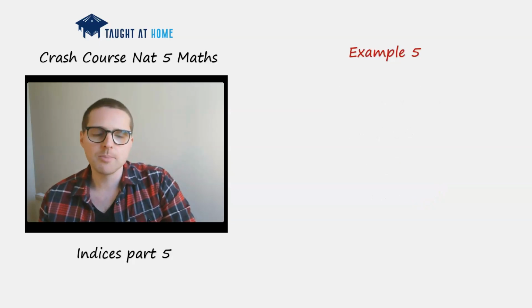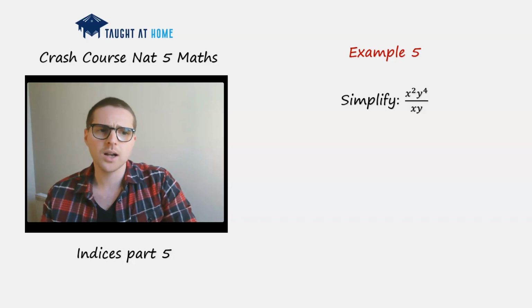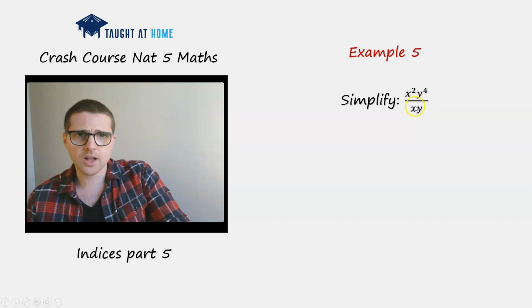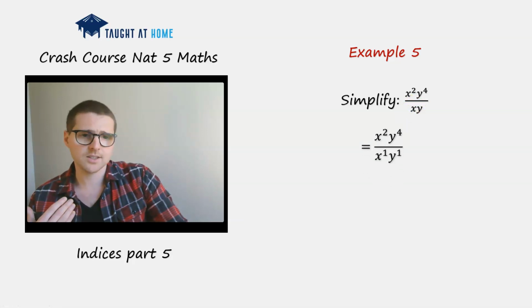Okay, getting a little bit more tricky now. Simplify x squared y to the power of 4, all divided by x y. We should recognise here that this x and y down here don't have an index each, but we know that that's x to the power of 1, y to the power of 1. So we can rewrite it like this.